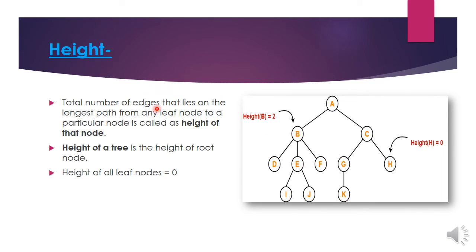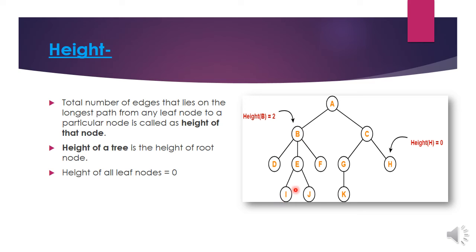Height. The total number of edges that lie on the longest path from any leaf node to the particular node is called the height of that node. If we want to find the height of any node, we have to count the total number of edges connected to that node from leaf to top, from bottom to top.